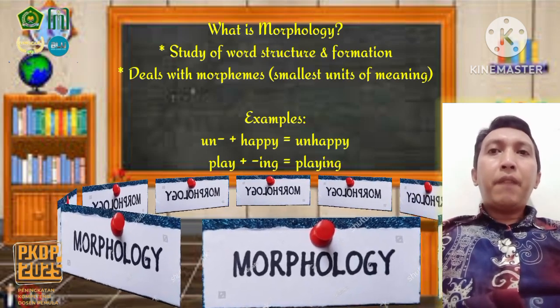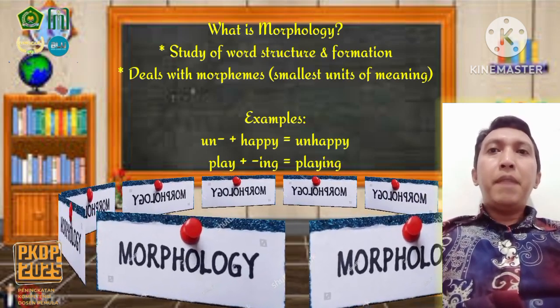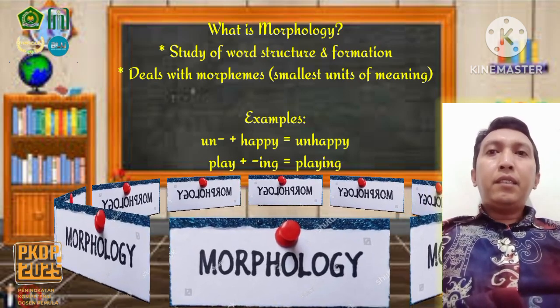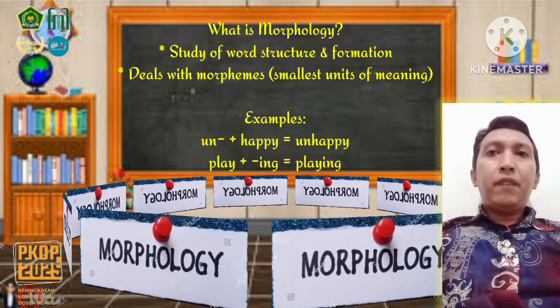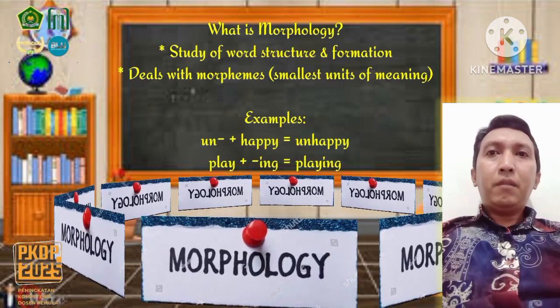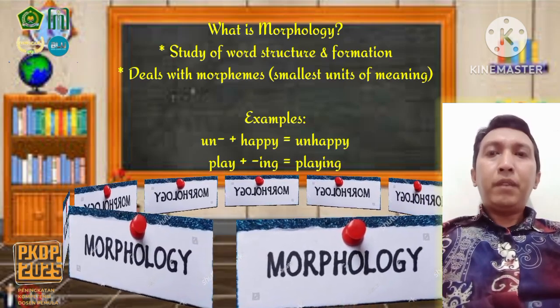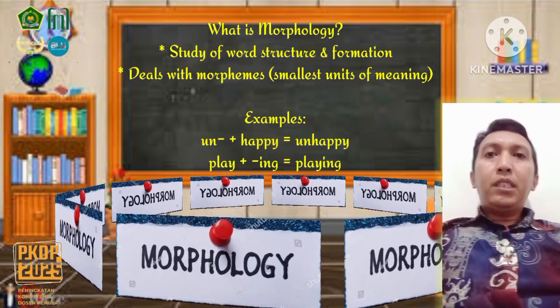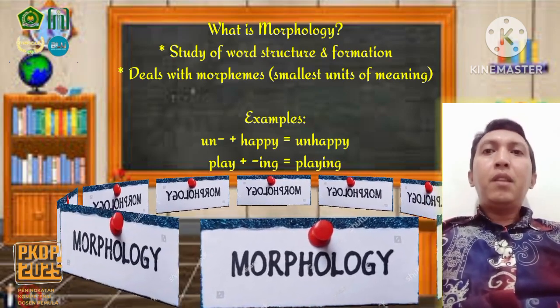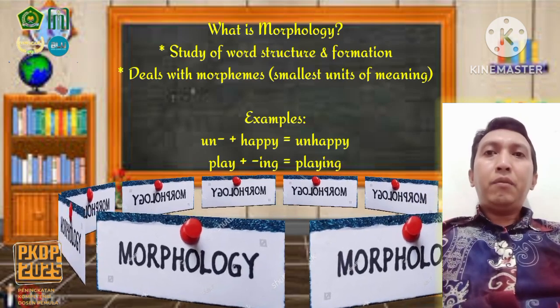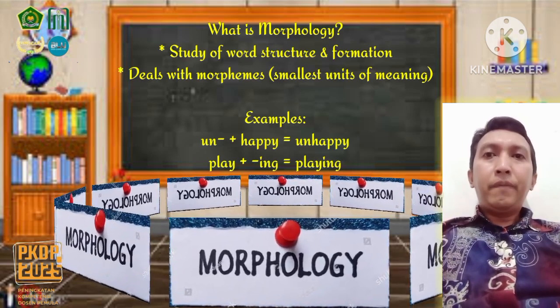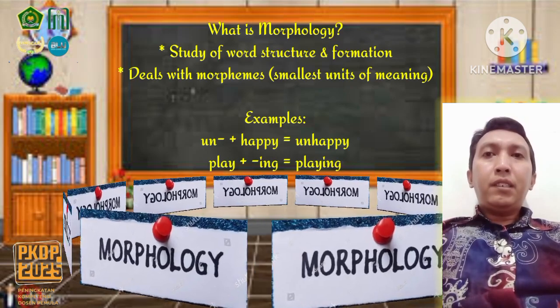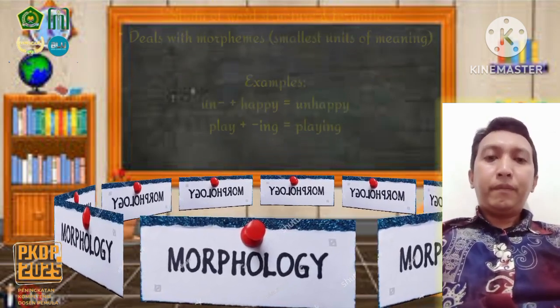There is a prefix un and the base happy. Un is the prefix, and its function in linguistic morphology is the morpheme. The next one is playing, with the base play added with the suffix ing. Ing is a suffix, as it is a kind of morpheme.